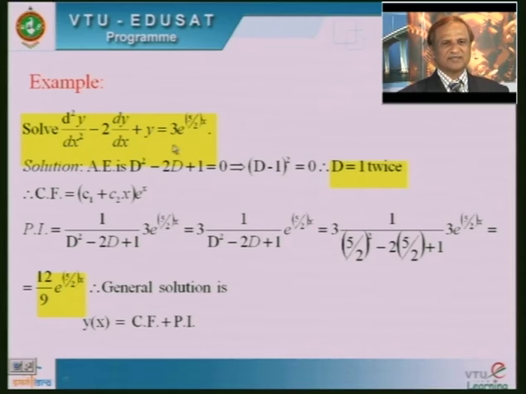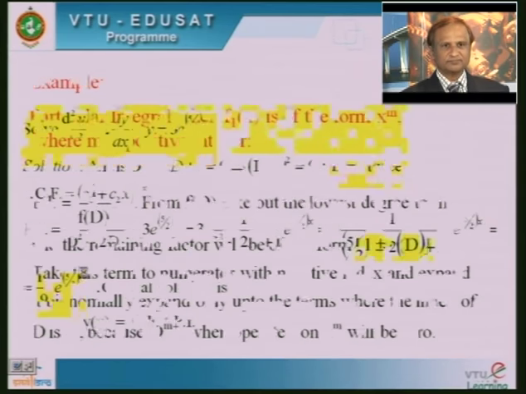I hope in exactly the similar way you can collect some more similar examples, where the right hand side member may be of the type e^(ax). Find the complementary function and try to find the particular integral.